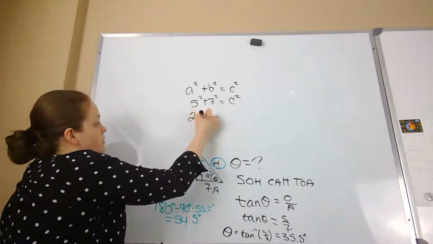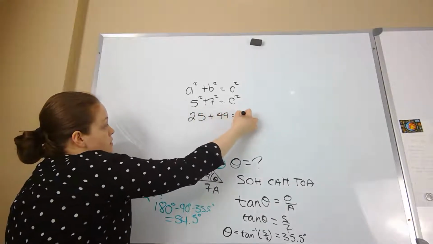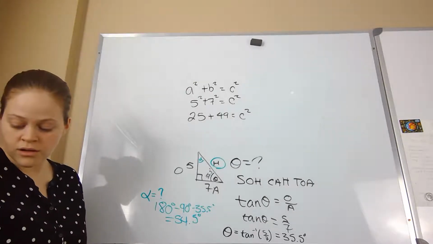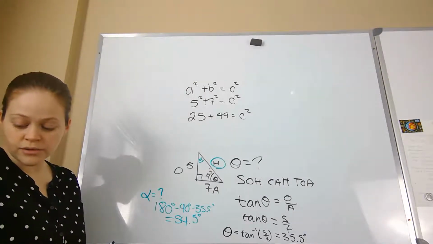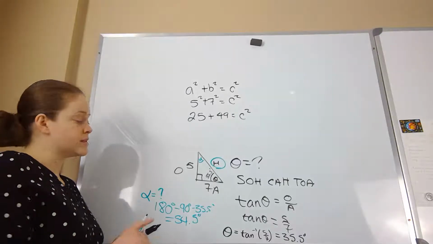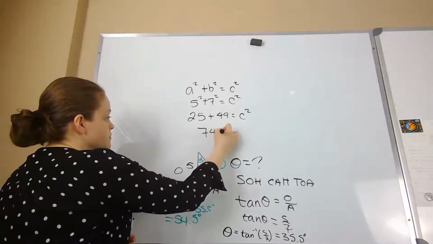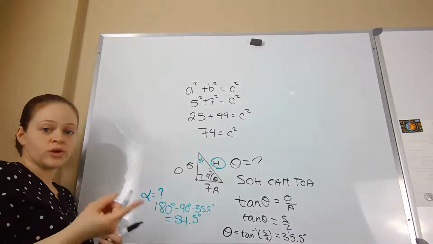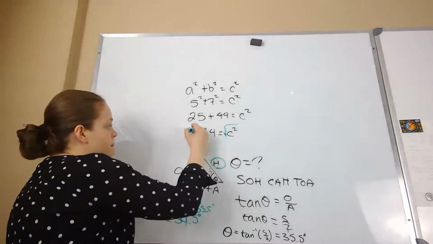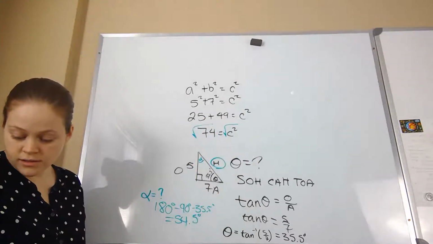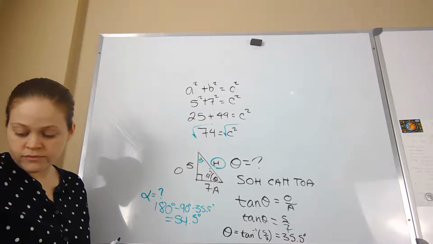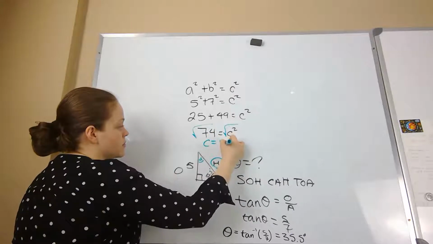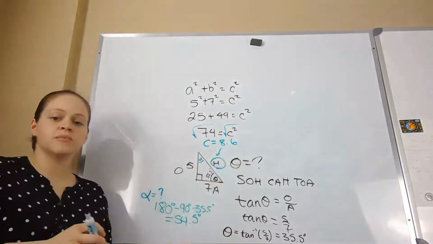Then we have 25 plus 49 equals c squared. We add those together and we get 74. Then just square root both sides, so that's 8.6. So c equals 8.6. You can say your hypotenuse is 8.6.